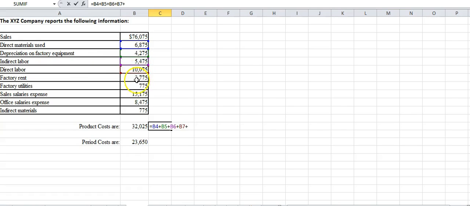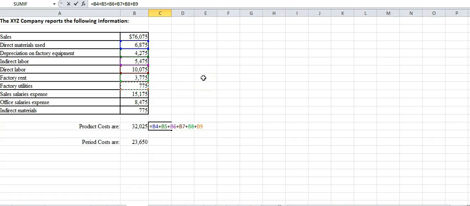Factory rent is a product cost. If it had said corporate headquarters rent, no. But it says factory rent, so it is a product cost. They all fall under the manufacturing overhead category, at least this factory rent does. Factory utilities, that's another manufacturing overhead category, yes.